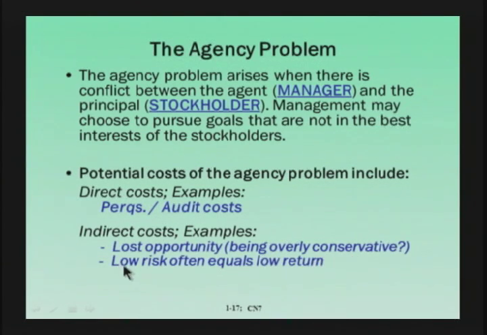A manager might believe that they personally will benefit from making decisions that have low risk. But low risk often equals low return. So an example is that a shareholder might benefit from a higher return if the corporation takes on somewhat riskier investments.